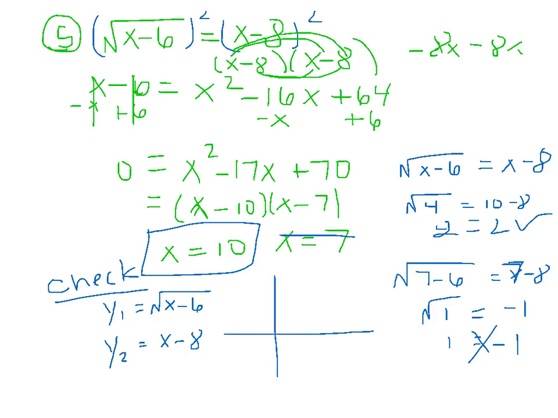So if you look at the square root of x minus 6, it's going to look similar to this. x minus 8 is going to be a line that looks like this. So the only point where they intersect is going to be right here when x is 10. Over here when x is 7, they're not intersecting. It would still be below the graph.